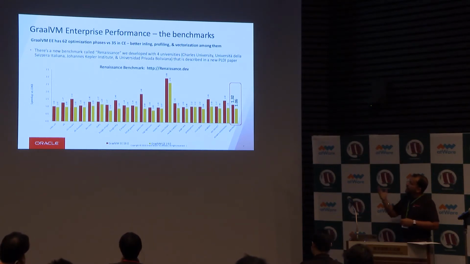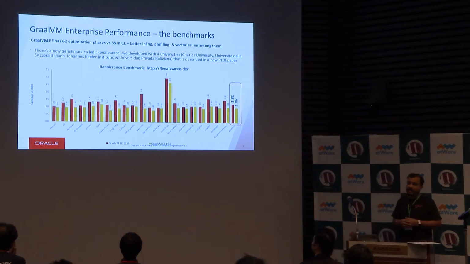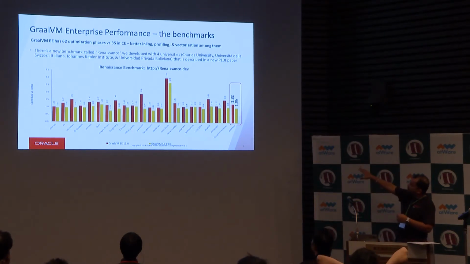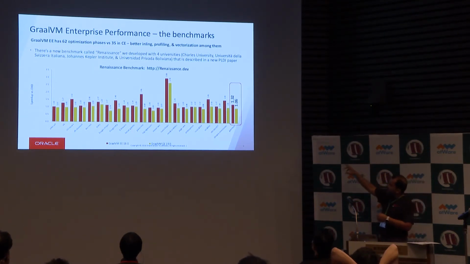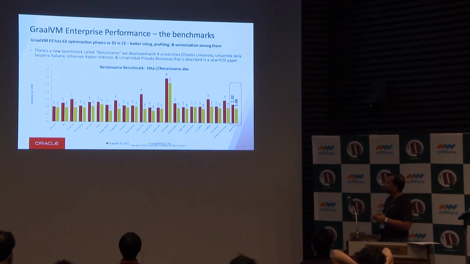It showed how some of these optimizations, things like inline profiling and vectorization, were able to show, with a y-axis of speedup versus JDK8, and on the right-hand side, the focus on the geomean, you start seeing on the red flag, you get 32% performance, versus the community edition, which is 6 to 7% in that sense.